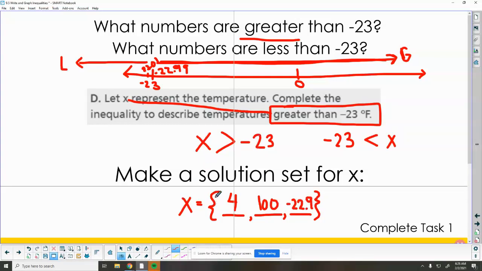So anytime I plug one of these numbers in as a solution, it should make this inequality become true. So if I put the number negative 25 in here, negative 25 is greater than negative 23. That is not true. So that would not be a solution. So we want to make all of these true. So go ahead and complete task 1 with this information and come back when you're ready to do task 2.